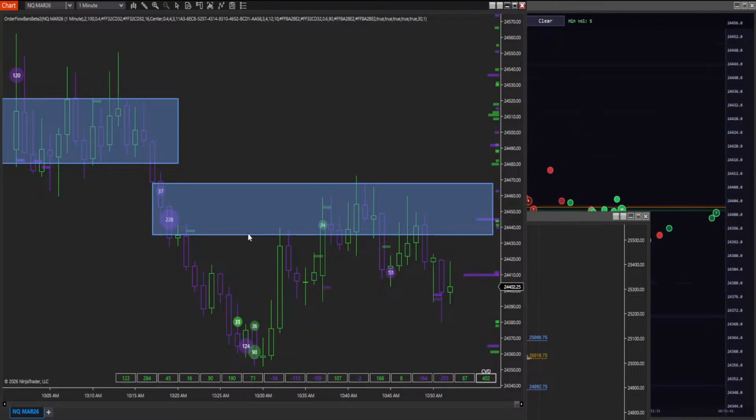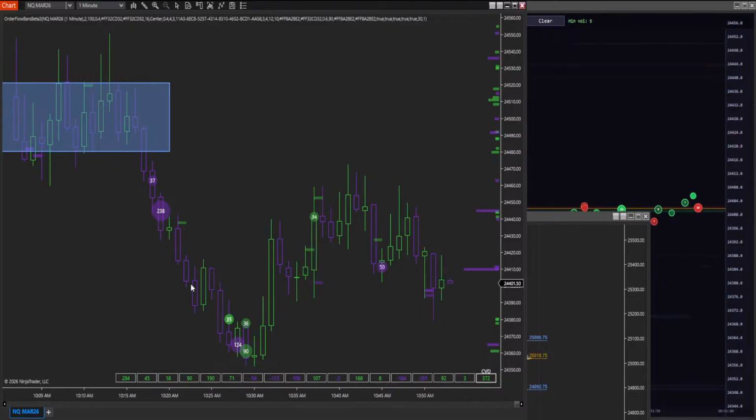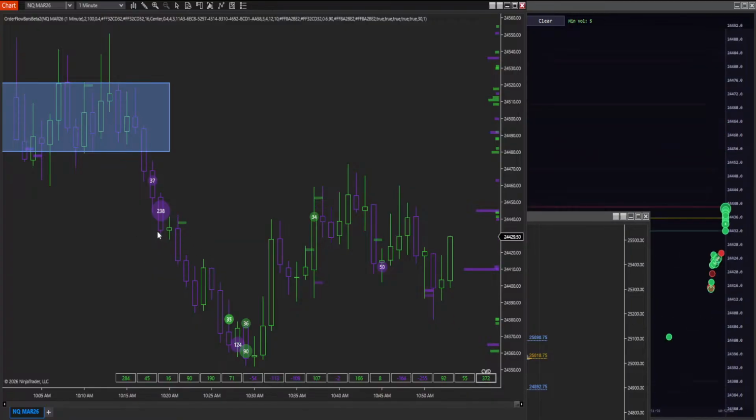The 238 big dog, let them eat. Once they are like, okay, I want more, and we start breaking down, you get this move from here to here. You get yourself a move, you pay yourself. You don't let it retrace and you don't let a winner turn into a loser. Let the big dog eat, pay yourself.